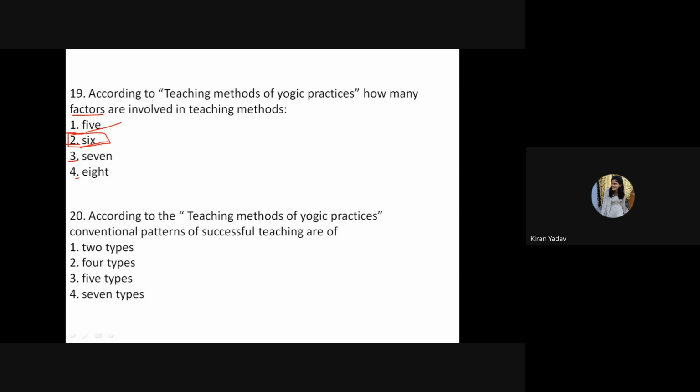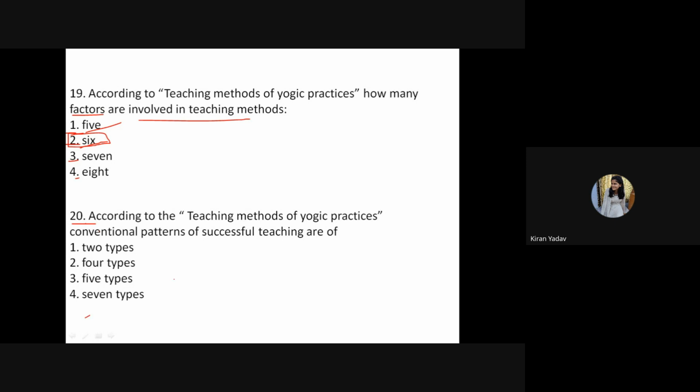The 5 you are thinking about are those factors which influence the method. They are different. 6 factors are involved in the teaching process, in the teaching method. Please revise these and study whatever is given in the book, in the notes.